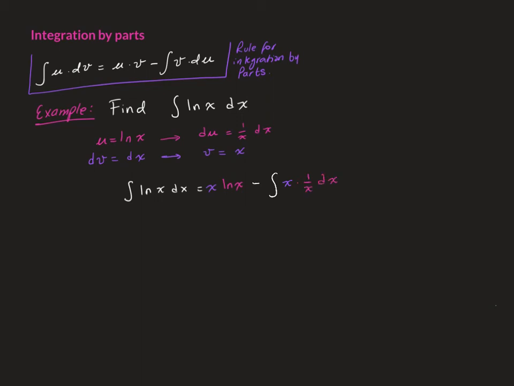Now we know that we can simplify x with x, and that integral is the integral of 1. So this is going to be x ln x minus the integral of dx, and the integral of dx is the same as x. So x ln x minus x plus the integration constant c. So the final answer is x ln x minus 1, plus the integration constant c.